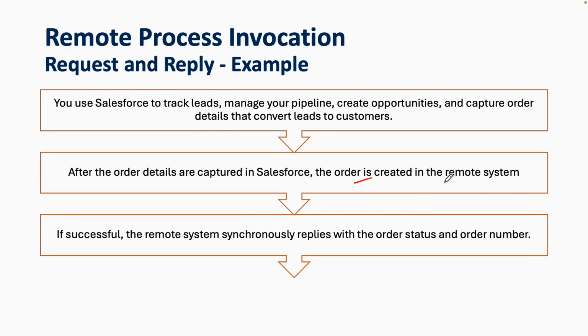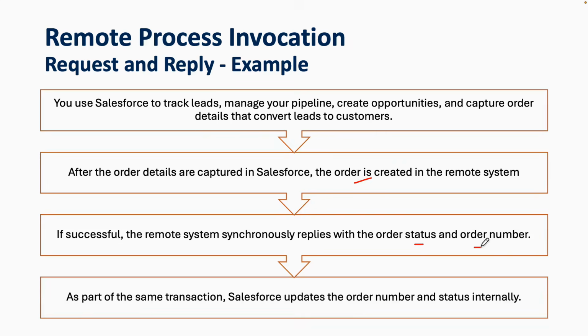If the remote system operation is successful, they want to synchronize the order status and the order number back into Salesforce. So basically they initiate one of the business processes in Salesforce and hand it over to the remote system. Once the remote system performs the operation, whatever status and order number it returns, they update it back into Salesforce.